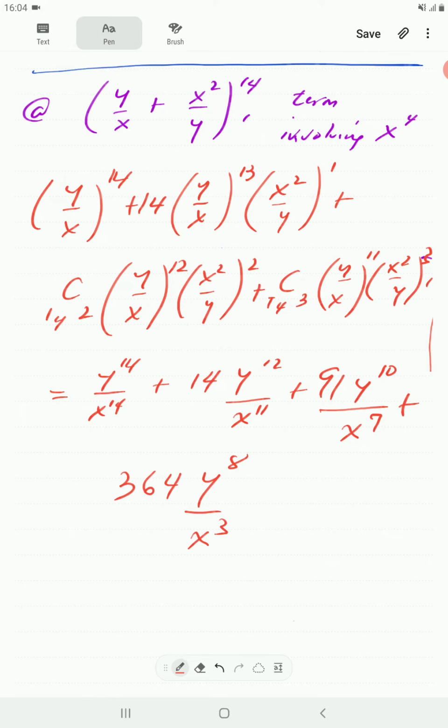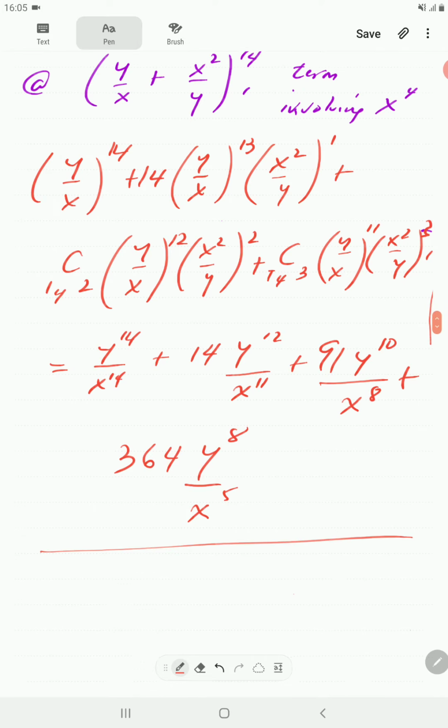No, it's actually going to be, just one moment. This one is 8, and this one is 5. So 8 here and 5 there. Okay, so that's the first bit.